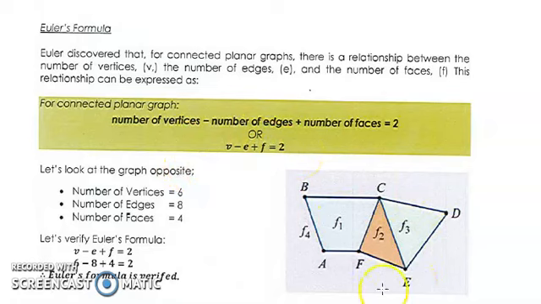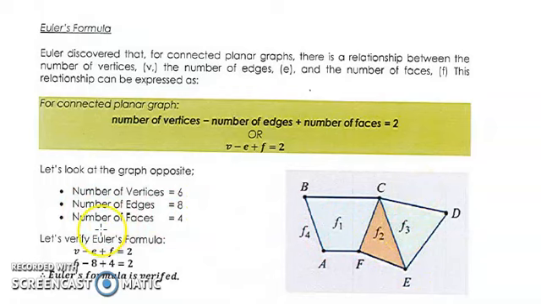And you can look at this specific example here. The number of vertices is 6. 1, 2, 3, 4, 5, 6. Number of edges, 8. 1, 2, 3, 4, 5, 6, 7, and 8. Number of faces, 1, 2, 3 interior, and then 4 for the exterior.